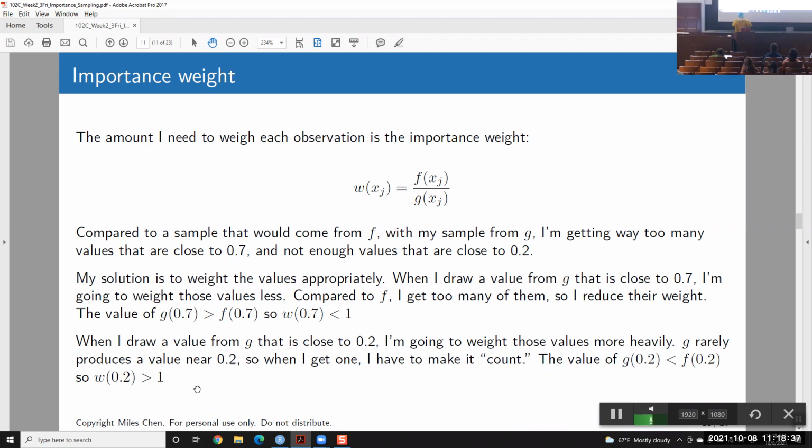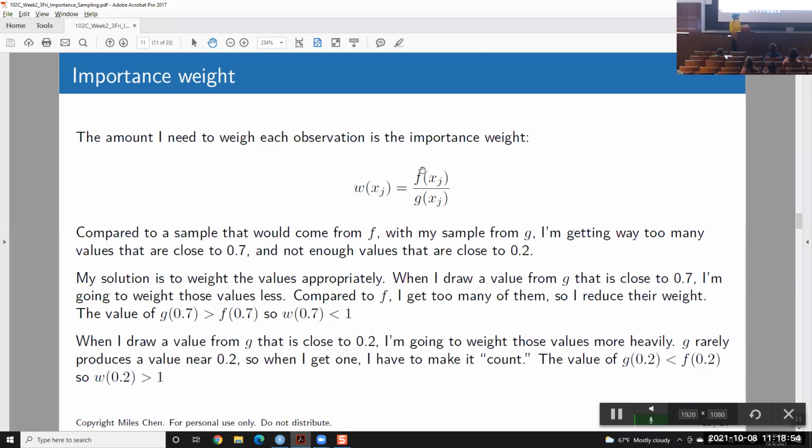So in order to balance out for how your sample of friends is biased versus the general population, you do this importance weighting.